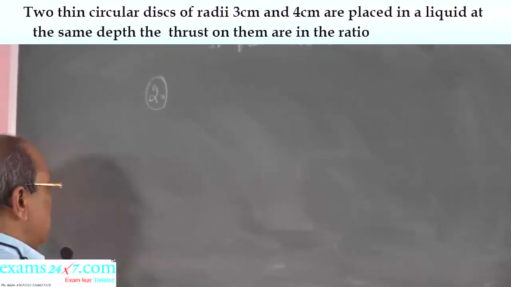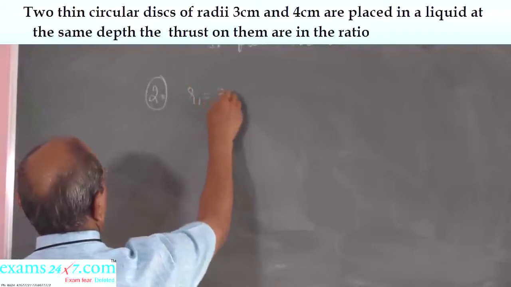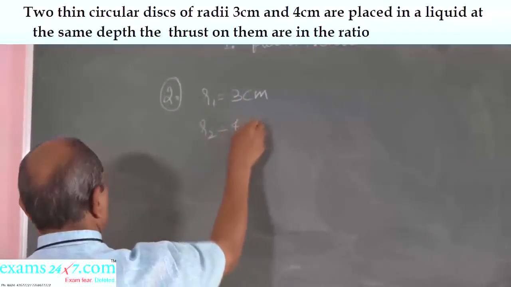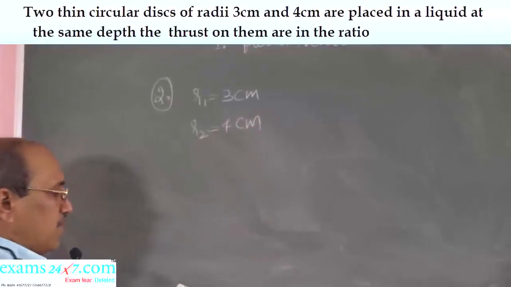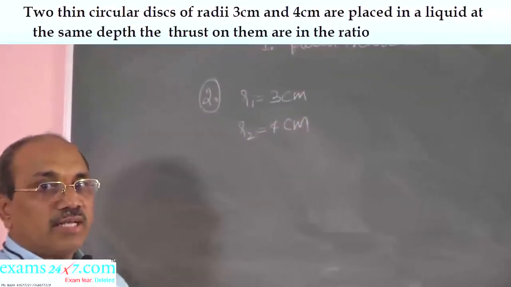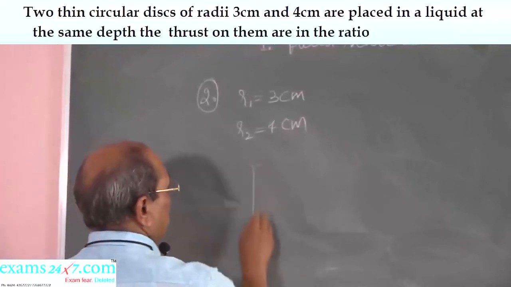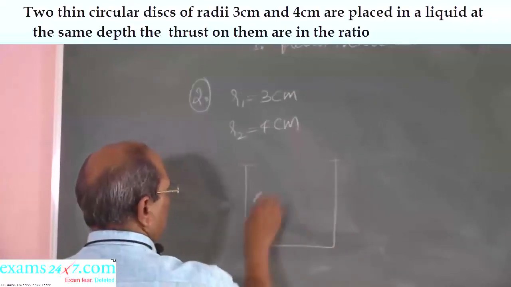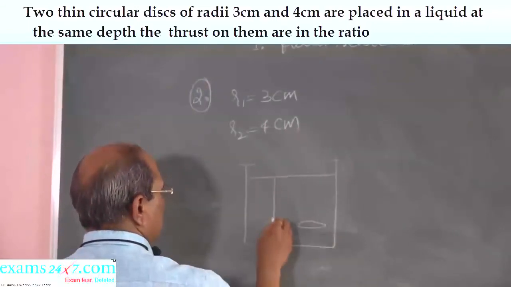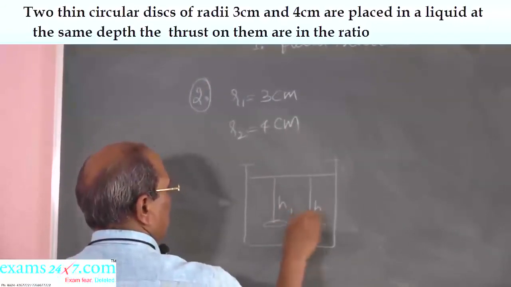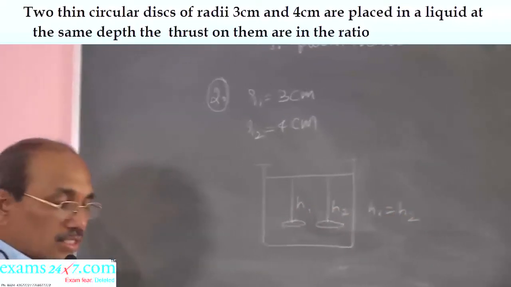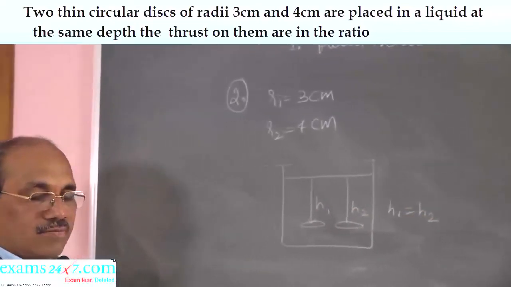Here they gave radii, R1 is 3 cm, R2 is 4 cm, placed in liquid at the same depth. The very important word is same depth. That means if you consider a liquid in a container, the two surfaces are at the same depth, H1 and H2 are equal. They are asking about the thrust.